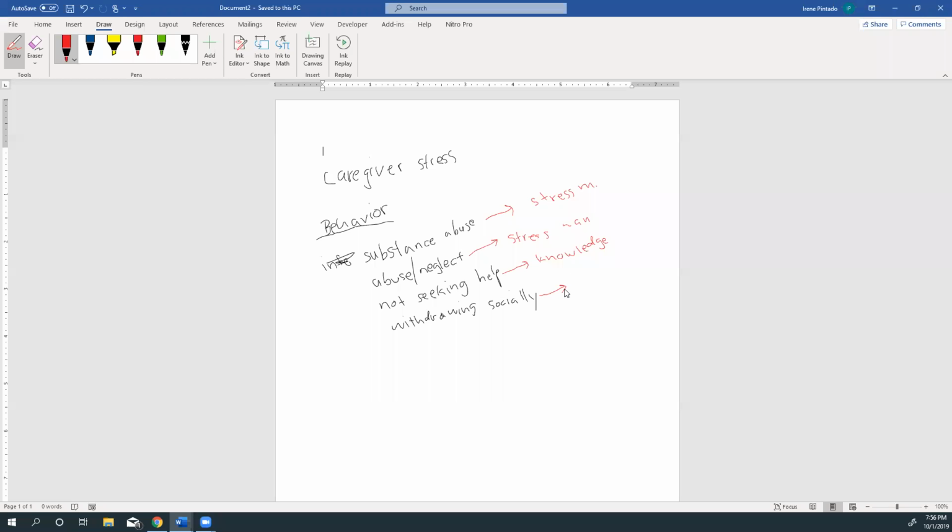I think maybe seeking help might be some of the respite care. I think these things are all kind of connected, but again, maybe a social support group, because it's something they need to do, right? They need to somehow reintegrate themselves. If they're withdrawing socially, they need to reintegrate socially. So they somehow have to be around others again that aren't the person they're taking care of.